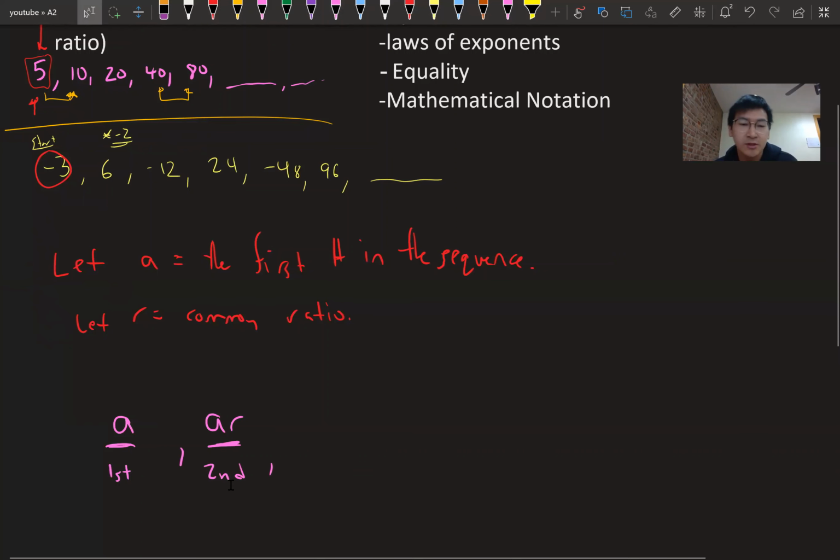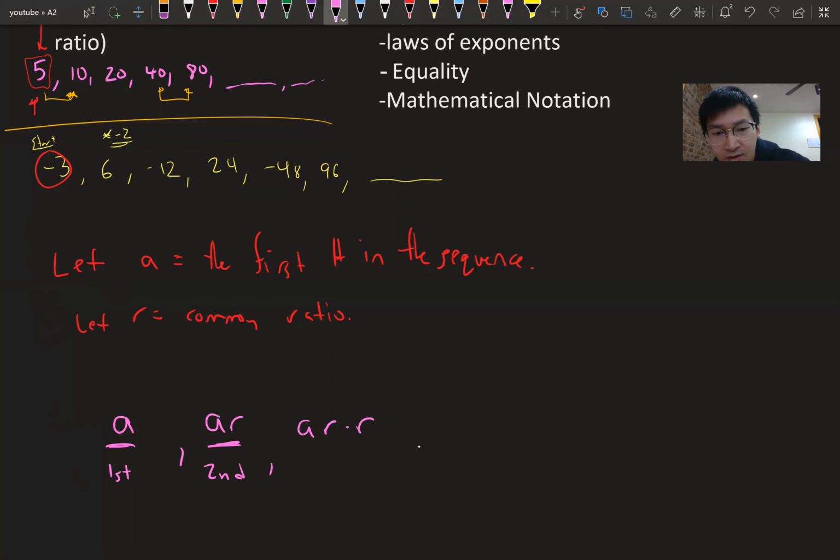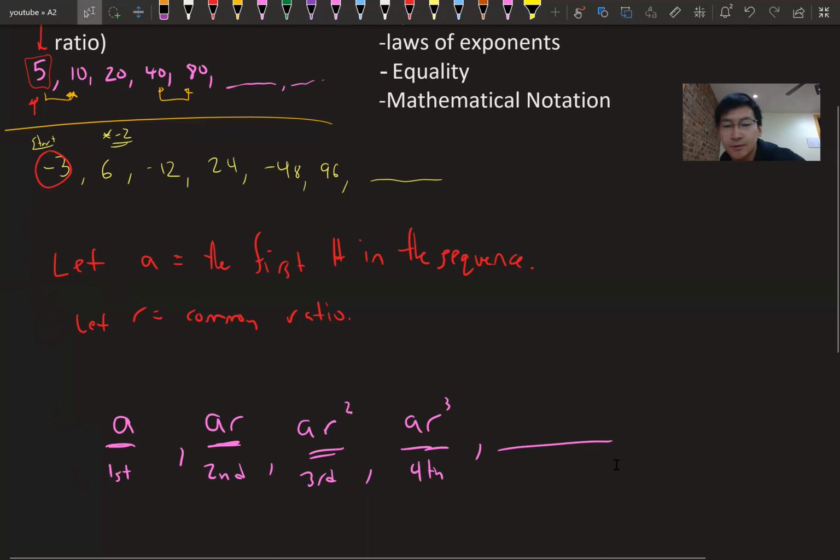Similarly, to get the third, you multiply the previous term, ar times r. But a better way of saying that, with the laws of exponents, is ar squared. That's the third, then ar cubed for the fourth, and so forth. One more, let's do the fifth: it's ar to the fourth.